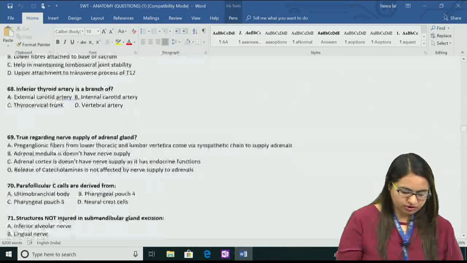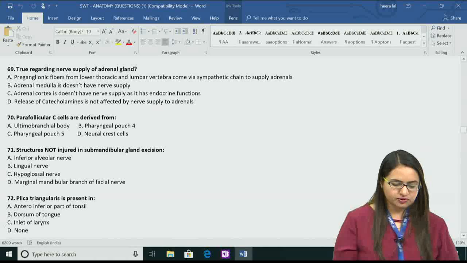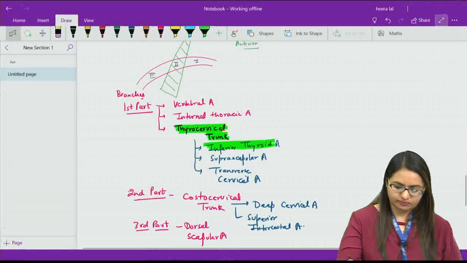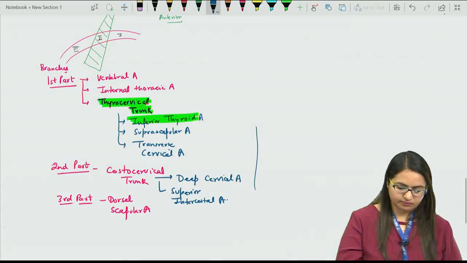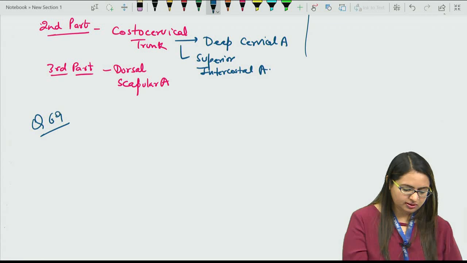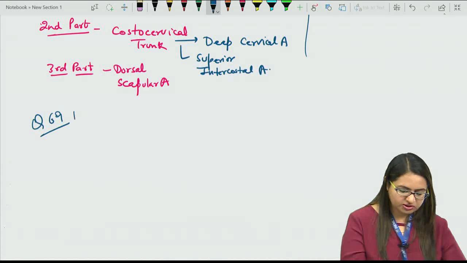The next question, question number 69, is regarding the nerve supply of the adrenal gland.